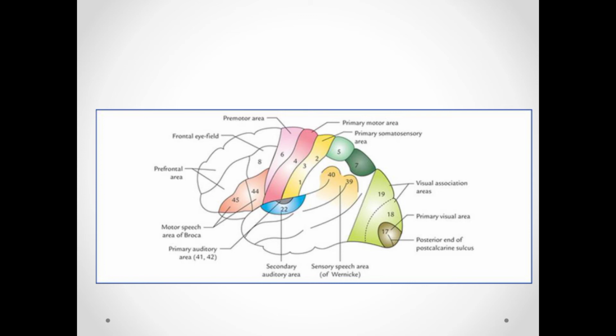Wernicke's sensory speech area, area number 22 in the superior temporal gyrus. Then the visual area, area number 17, seen in the occipital lobe, and associations 18 and 19 is this one. So this is about the functional areas of the cerebrum.